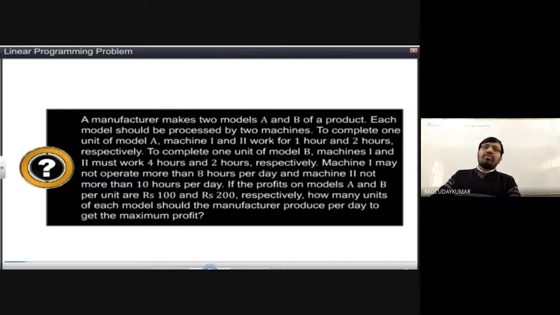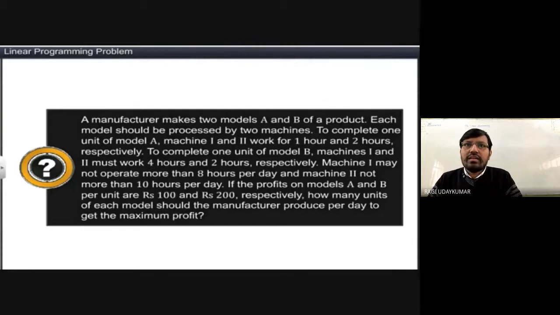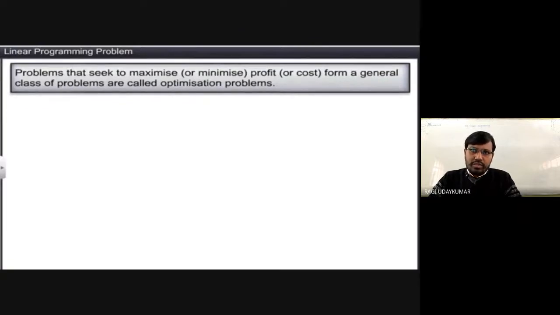Whenever you take such a question, this model of problem is a linear programming problem. Now, a problem that seeks to maximize or minimize profit or cost is a general class of problems called optimization problems. What is meant by a linear programming problem?